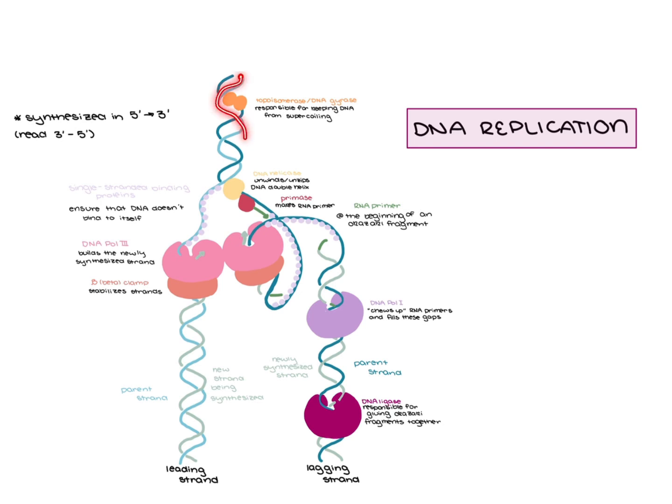As you can see, there are two strands here of what are called parent DNA, and this is going to all split here at this central location. That location is called the replication fork. I'll go over that a little bit more in detail in some other videos, but all you need to know for now is that the area where these two parent strands are going to split off is the replication fork.